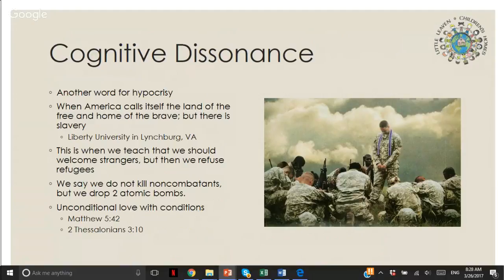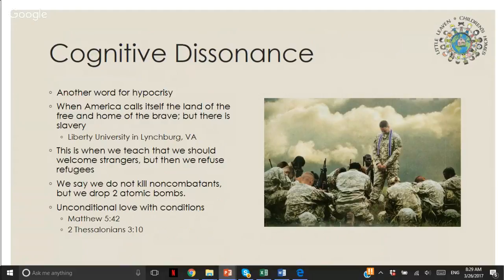That's our national anthem, right? But there was slavery when the national anthem started. How can you say this is the land of the free when there's slavery? That's cognitive dissonance. You know that people should be free, yet you still have slaves. It's even in your national anthem, and yet they still have slavery. Dissonance.